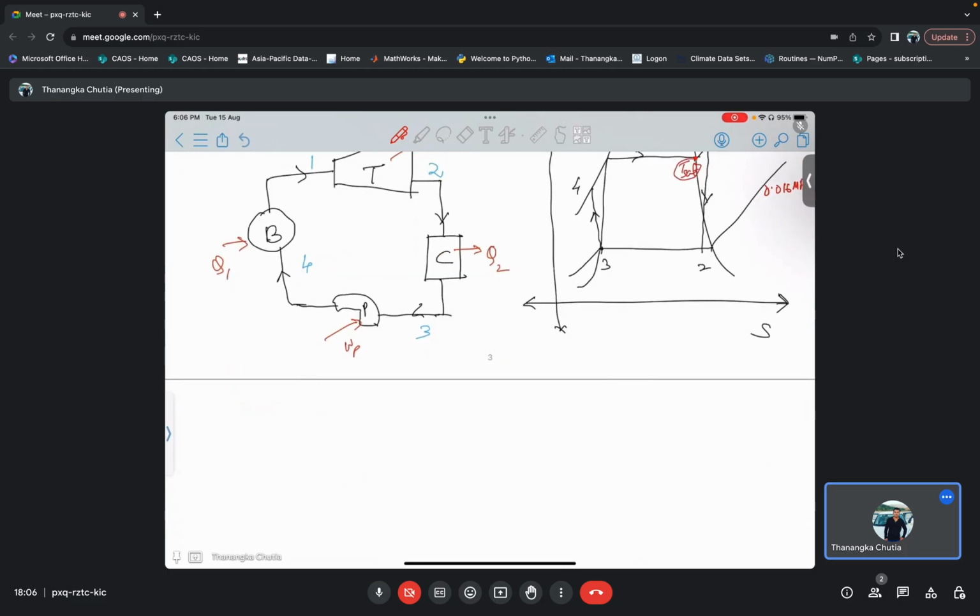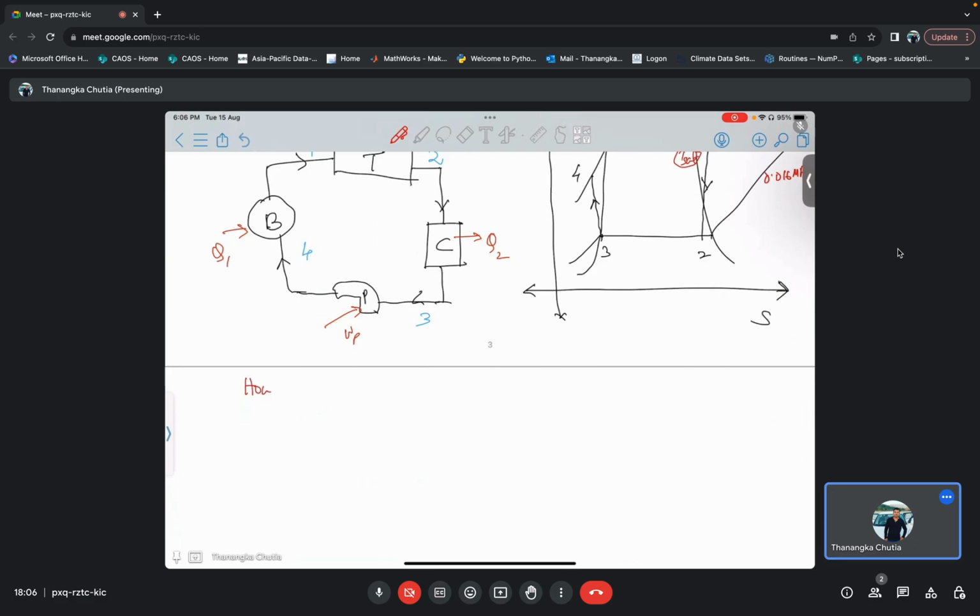Okay, so let me write how to check whether point 1, that is entry to the turbine, is saturated steam or superheated steam.